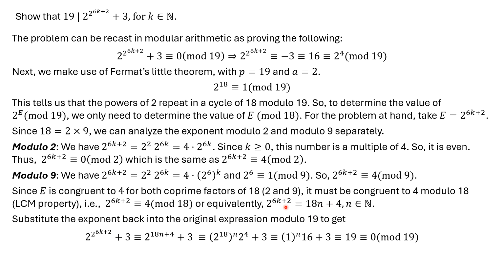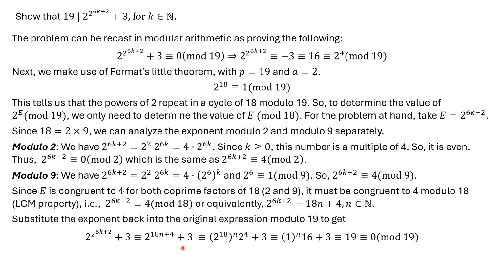Okay, then we take this result and put it back in our initial problem written in terms of modular arithmetic. So we get 2 to the 18n plus 4, plus 3.